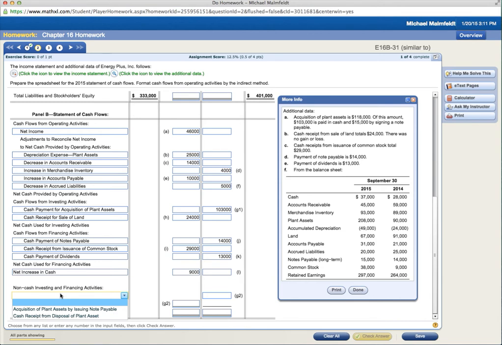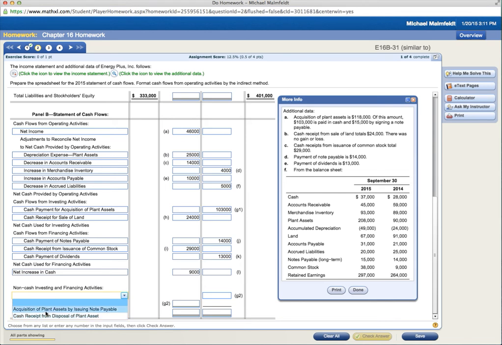Now I'm going to look down here at the non-cash investing and financing activities. And if you recall, up here we had, well, just look at this here. If we're looking at non-cash activities, it's definitely going to have to be a non-cash item that we're putting in here. Well, this right here says cash receipt from something.